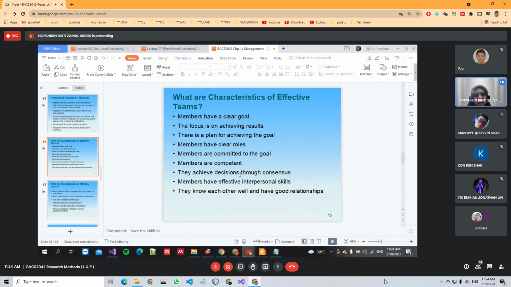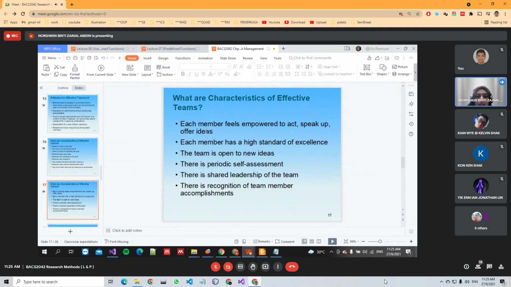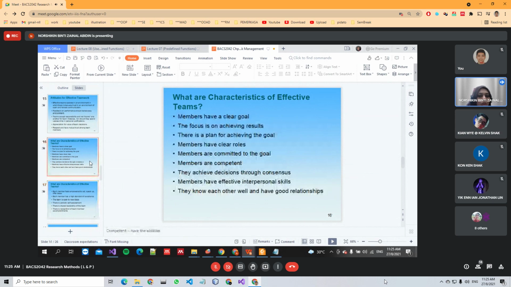Members have clear roles, are committed to the goals, are competent, reach decisions through effective interpersonal skills, know each other well, and each member feels empowered to act. Each member has a high standard of excellence. The team is open to new ideas, does periodic self-assessment, shares leadership, and recognizes team member accomplishments. Maybe you can go through it one by one. It's a straightforward statement, but let me conclude.